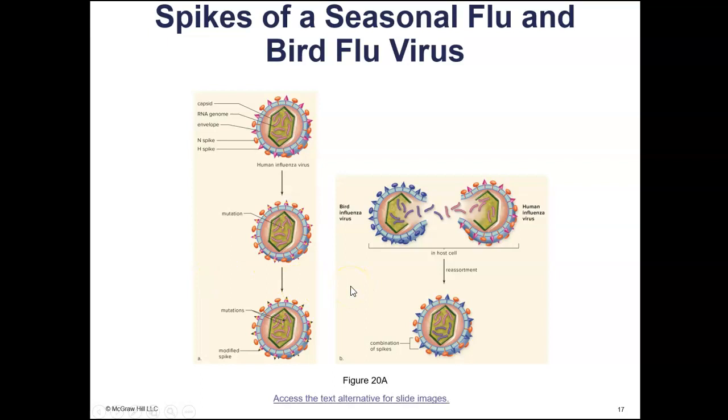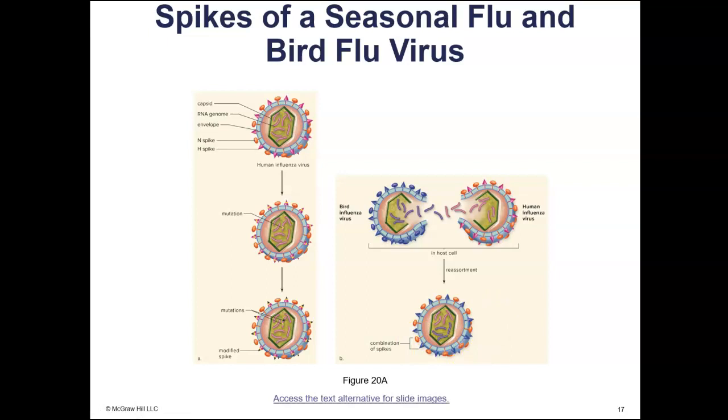If you look at picture B, it shows how, if the respiratory fluids of birds and humans come in close contact, the viruses can actually mix, and you can end up with a combination of spikes from the human and the bird flu that will allow humans to be infected with a bird flu.